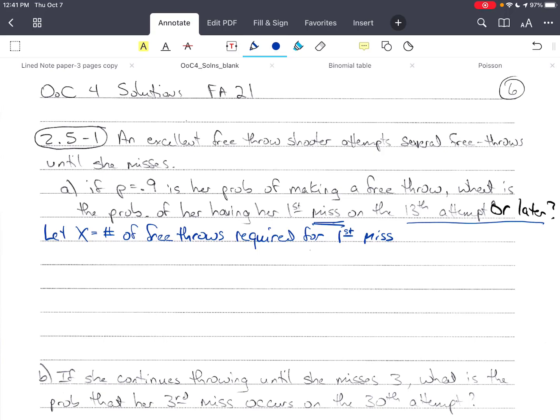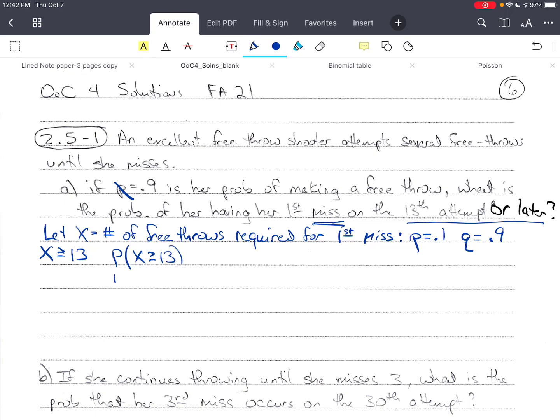So the probability of making a free throw is 0.9. The probability of a miss is going to be 0.1, so q is going to be 0.9 in this case. And X is going to be greater than or equal to 13. So we want the probability that X is greater than or equal to 13.